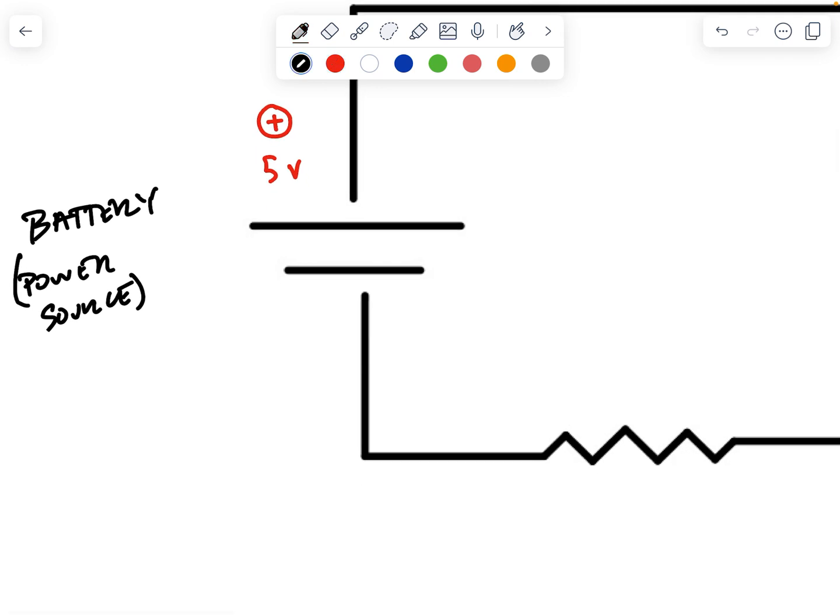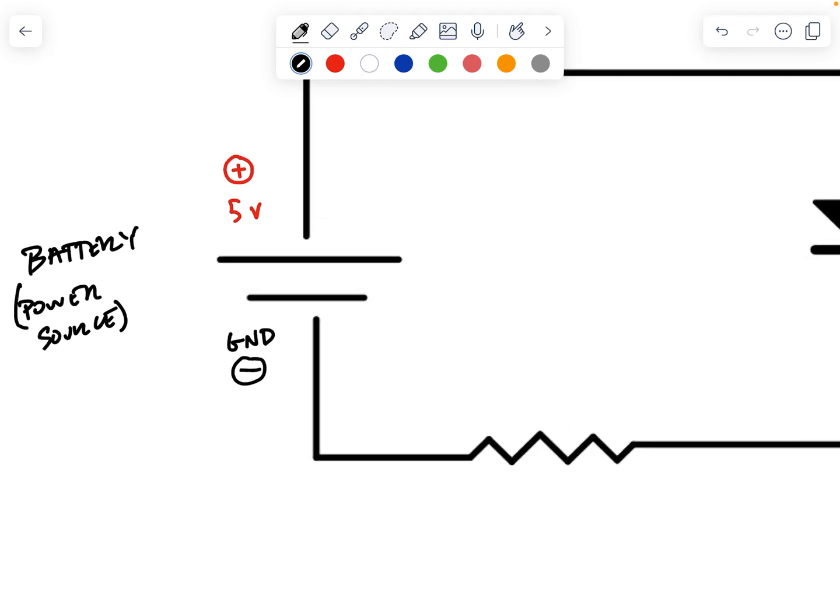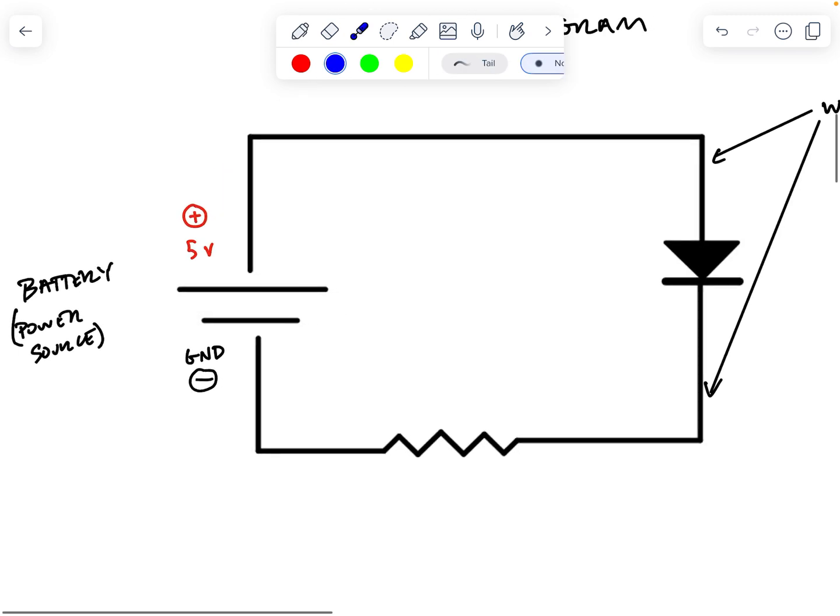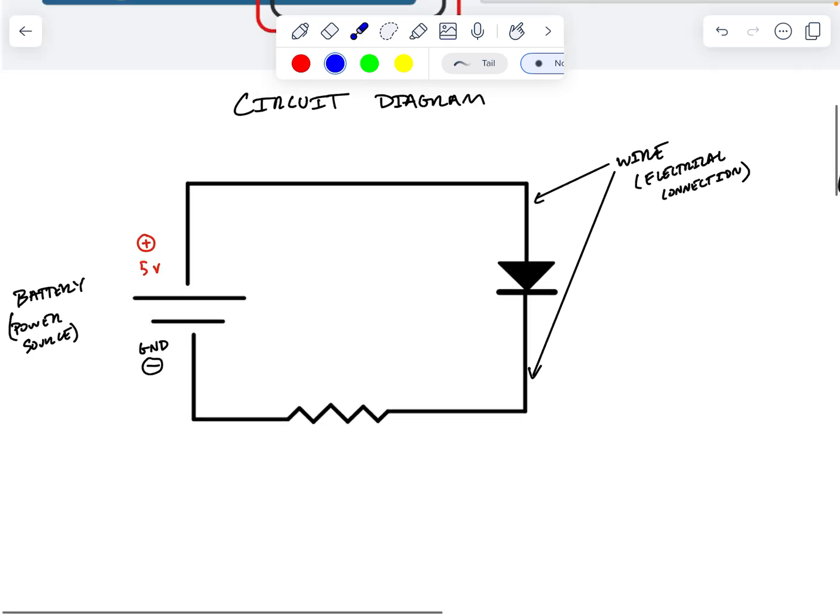And the shorter hash mark represents the ground, or the negative side of the system. It's also 0 volts. So in order for a light to turn on, we need to have a connection between the power side of the system and the ground side of the system so electrons can flow all the way from one end to the other.